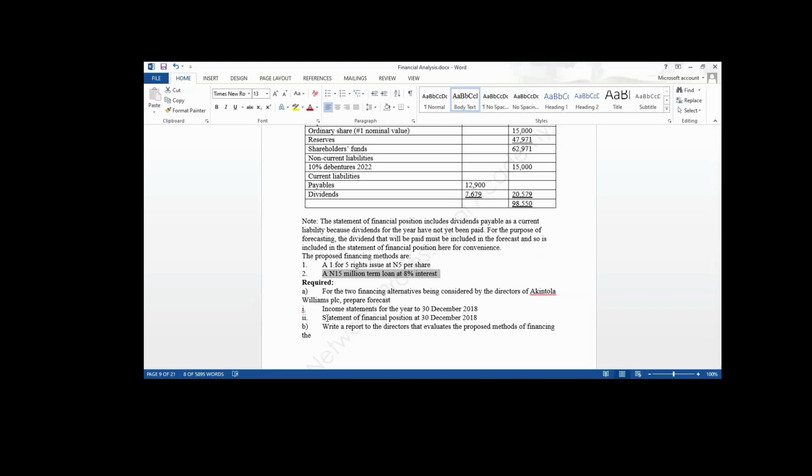If the new project is financed by a rights issue, you also prepare a statement of financial position. If the new project is financed by, that is loan. So you can appreciate the depth of this question.